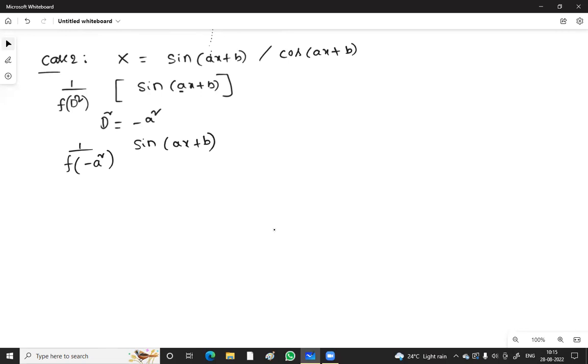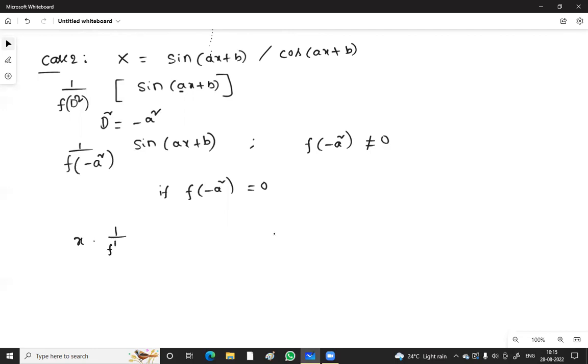Here also the condition is that f of minus a square should not be equal to 0. If f of minus a square is equal to 0, then you simply put x in the beginning, and you have to differentiate the whole thing.